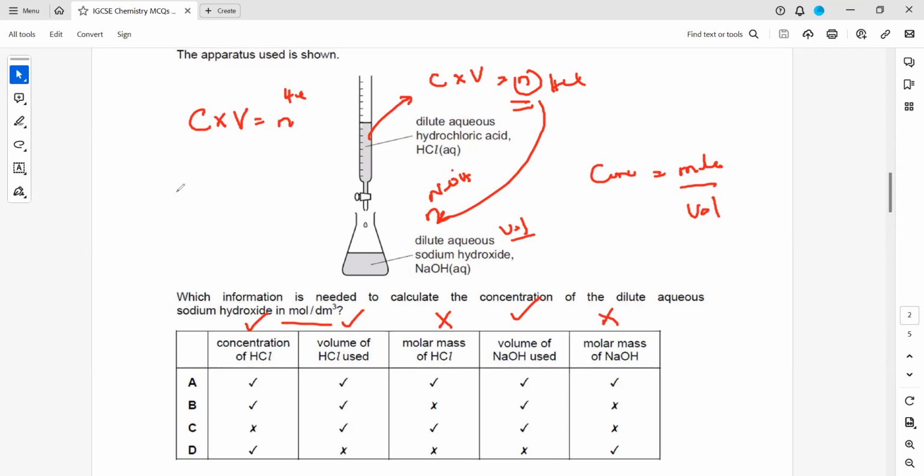After getting the moles of HCl, we'll use the mole ratio and work out the moles of sodium hydroxide. And moles of sodium hydroxide divided by volume of sodium hydroxide will get the concentration. So the correct answer for this one is B. Is it clear?